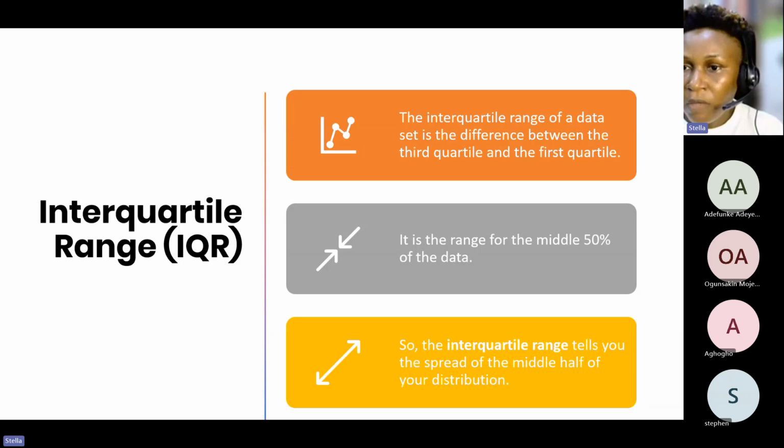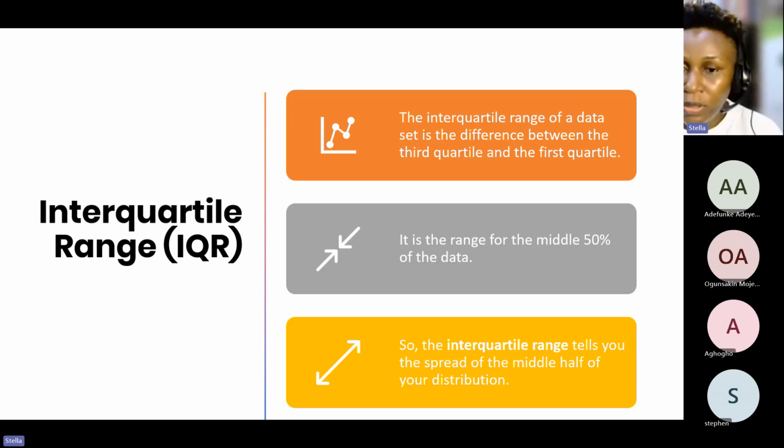Now, for instance, you have a data set, and you have this data set in quartiles. Quartiles means that the frequency or the distribution of the data is divided into 4 equal parts, right? Of 25% each, 25, 25, 25, 25.